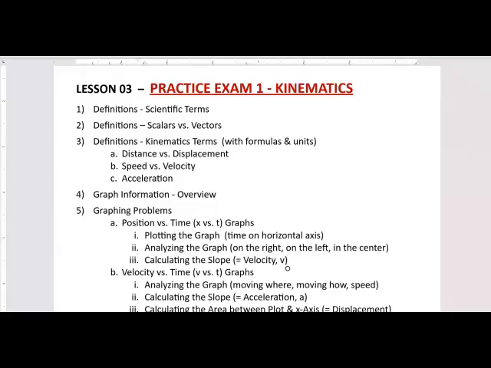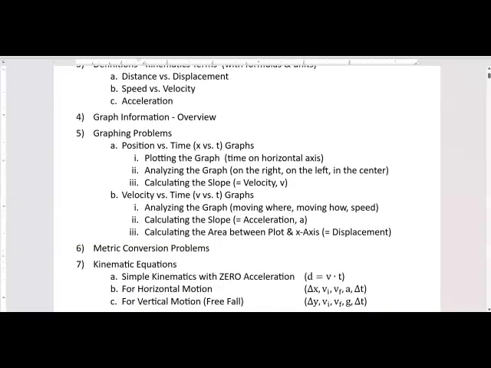And then we'll move to graphing some of these pieces of information in order to gain knowledge about other pieces of information related to kinematics. And we'll be doing different kinds of graphs. We'll be doing position versus time graphs, also known as x versus t. And we'll be doing velocity versus time graphs, also known as v versus t.